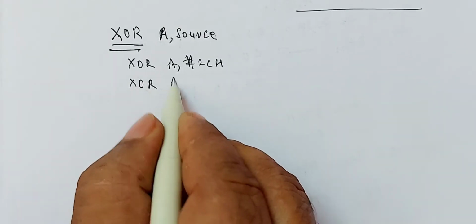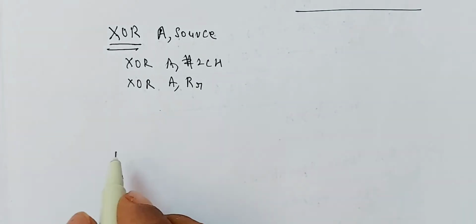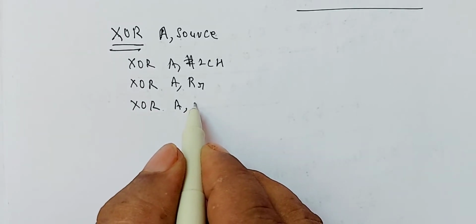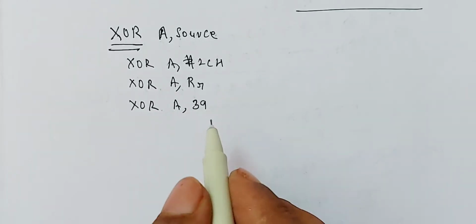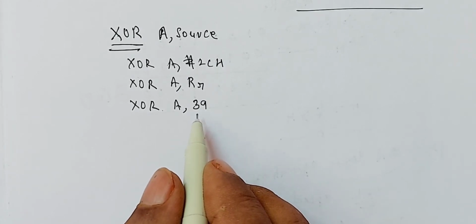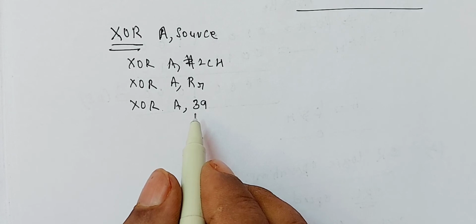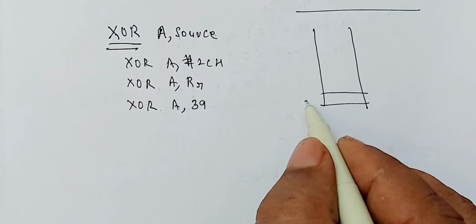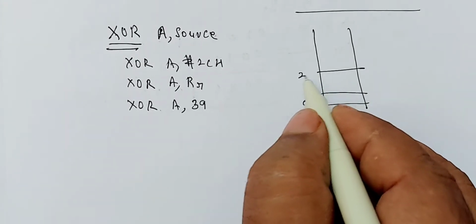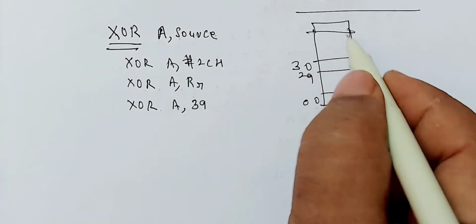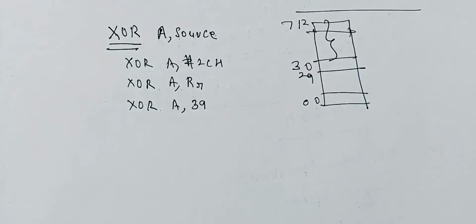XOR A comma R, register addressing mode. XOR A comma 39. I have not written H here. When you don't write H, this represents the address given by the RAM location. We know that in the internal RAM, from 30 to 7F, these are used as RAM location addresses to store the data.